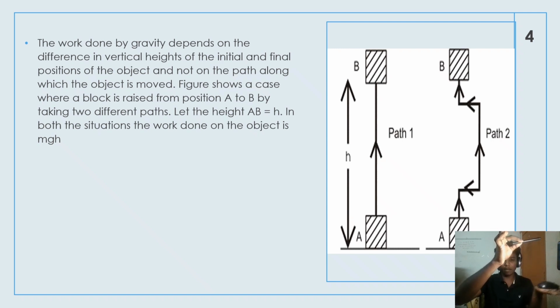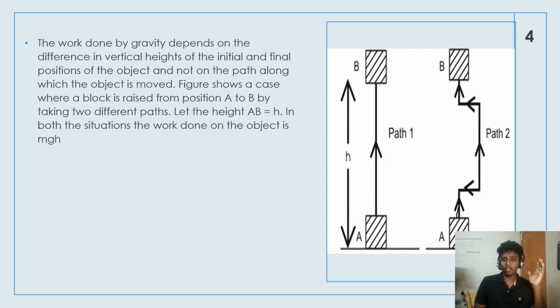It doesn't matter which path I choose. If the path is vertical, or zigzag, or anything else, it doesn't affect the potential energy. The only thing that affects the potential energy is the direct height difference between these positions. It doesn't care about how I go.